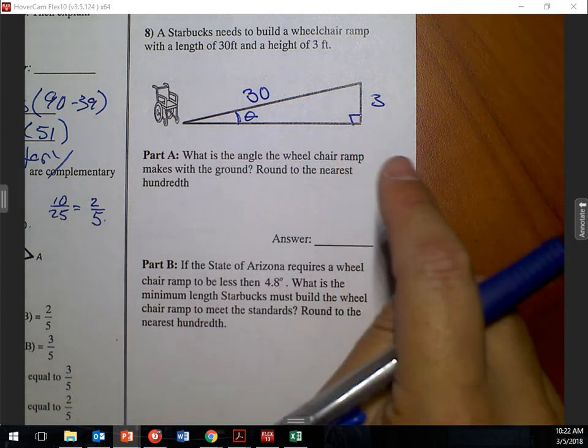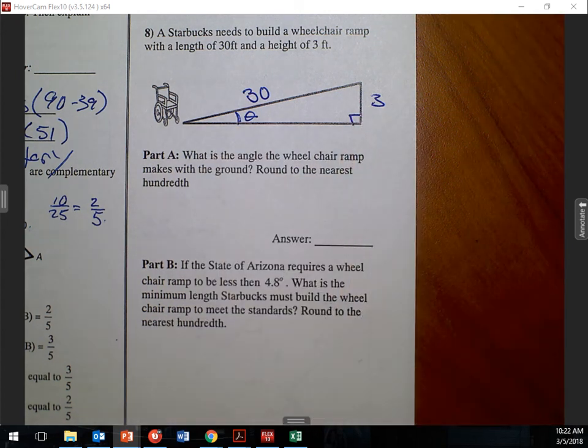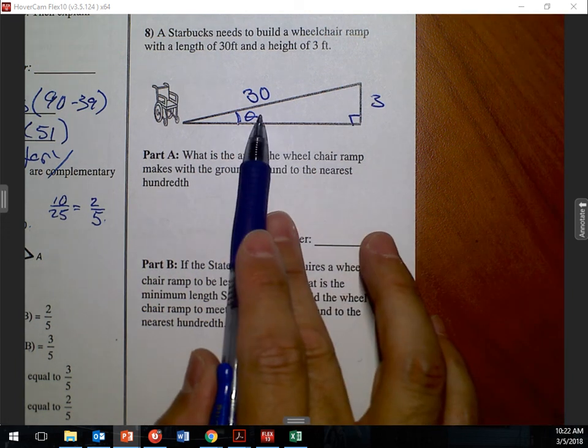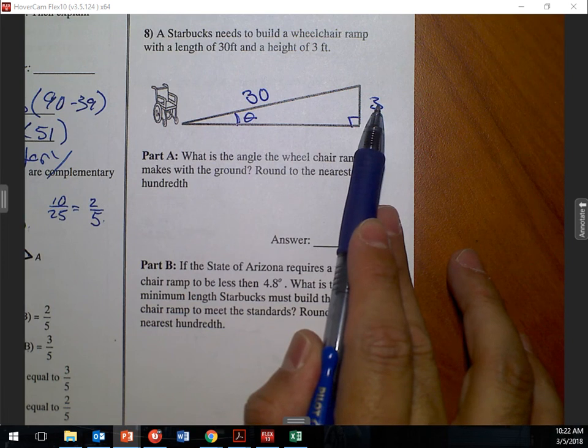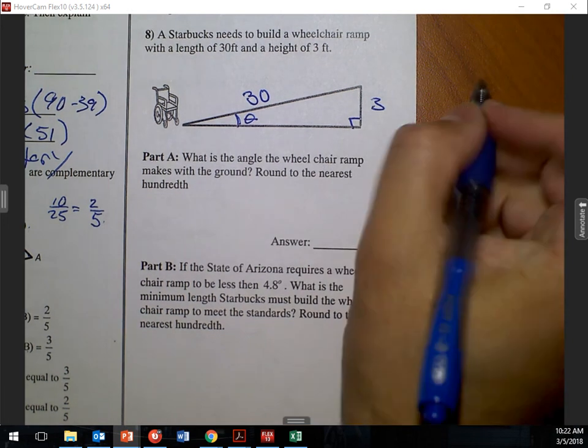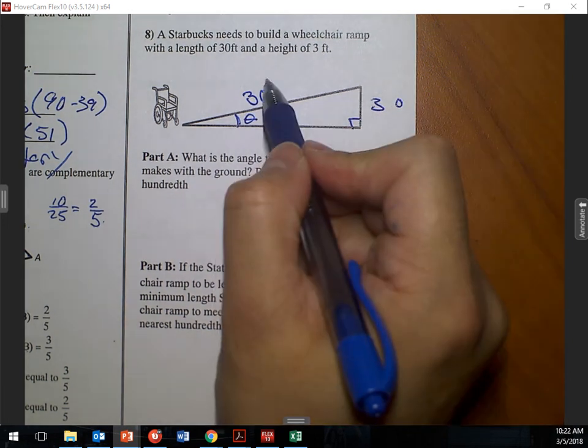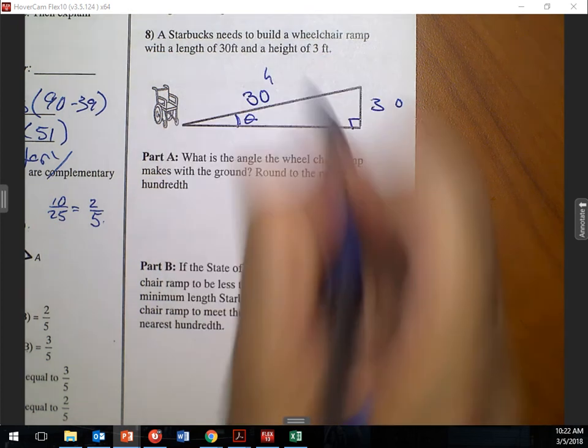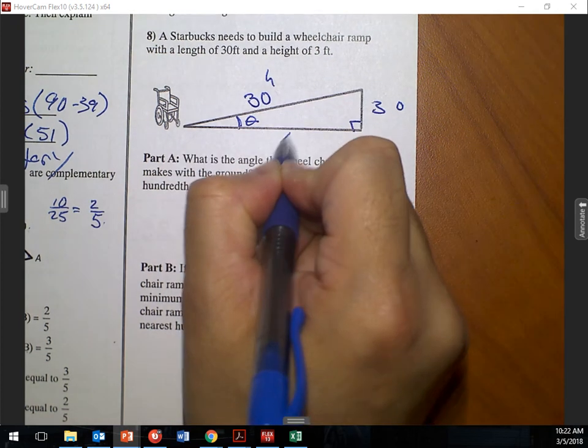Now, class, if I'm looking for an angle, I have to use the inverse. All right. So from here, this side is the opposite. Put an O there. This side is the hypotenuse. And adjacent.